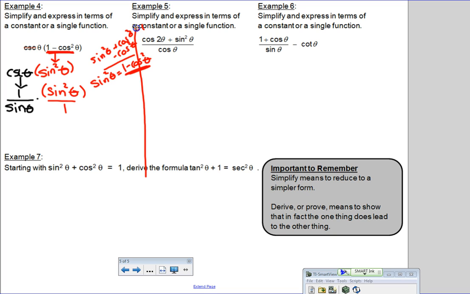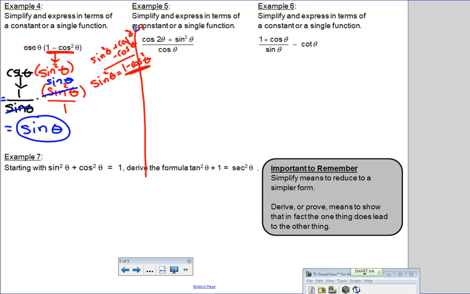And this can reduce. Sine squared theta is kind of like x squared, and sine on the bottom is kind of like x. So this will take away one of the two sines in the numerator. So that reduces to just sine theta. And now we're multiplying. 1 times sine theta in the numerator is sine theta. And in the denominator, everything is 1. So this is your final answer.